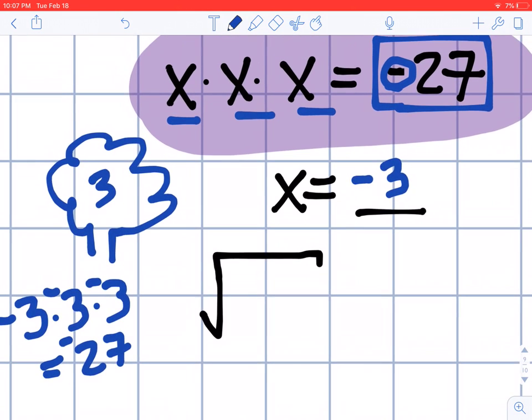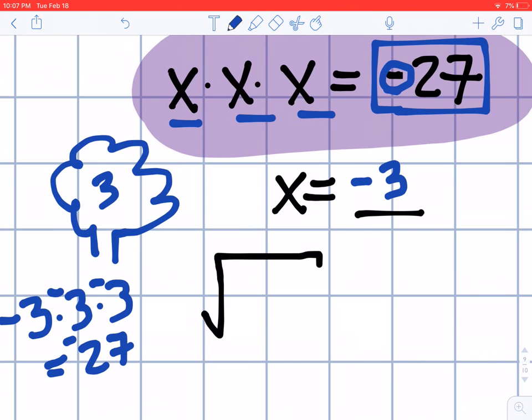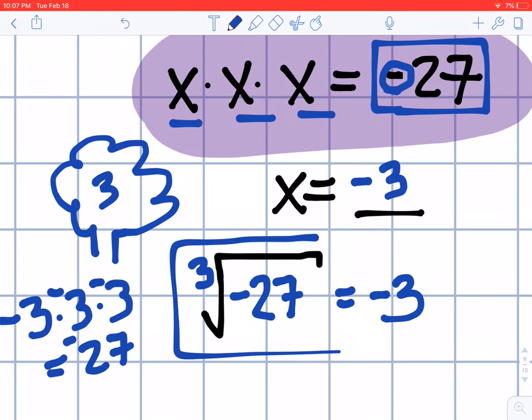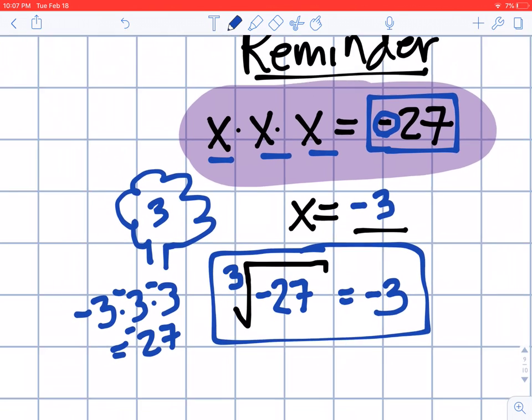The way that you write this out is we would say, I'm going to take the, not square root, but the third root of radical negative 27, that equals negative 3. So this is the notation that we'll be writing out. Hopefully you know how to do that on your calculator as well.